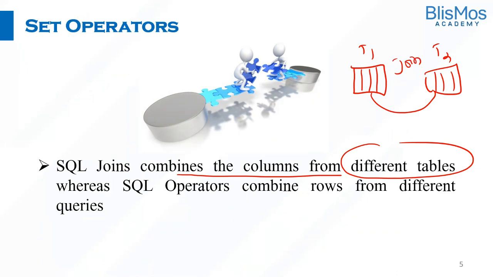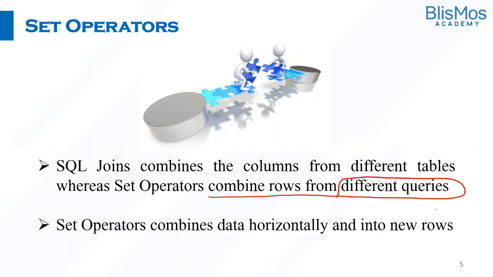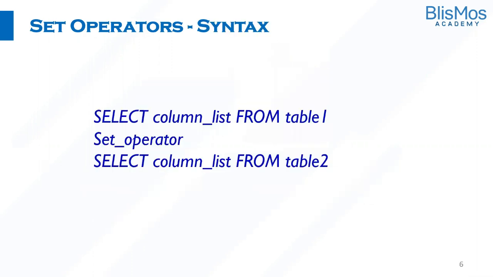But the primary way of joining two tables is based on a key. Key is nothing but a column. On the other hand, set operators combine the rows from different queries. What it means is we are usually getting the rows which are horizontal in nature and they'll be combined into new rows.